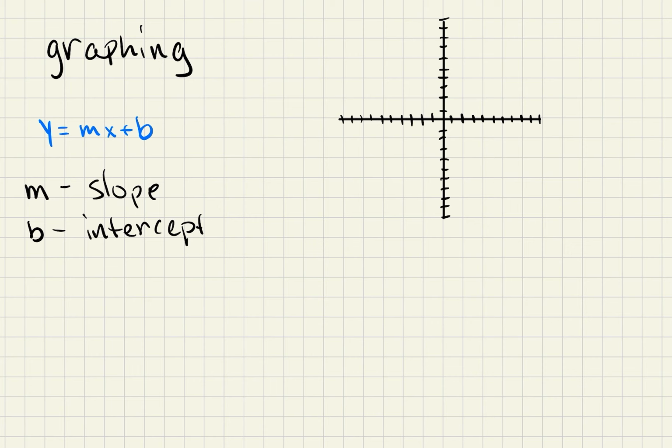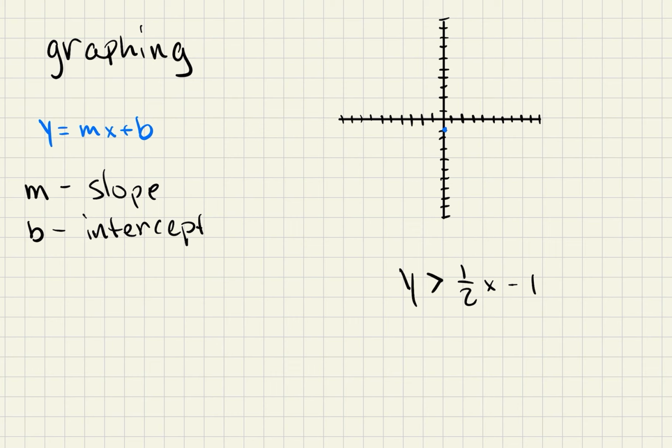So let's now go ahead and do y is greater than positive 1/2 x minus 1. So again, we start with our b, which is minus 1, or 0 comma negative 1, and then we look at our relationship, again, rise over run.